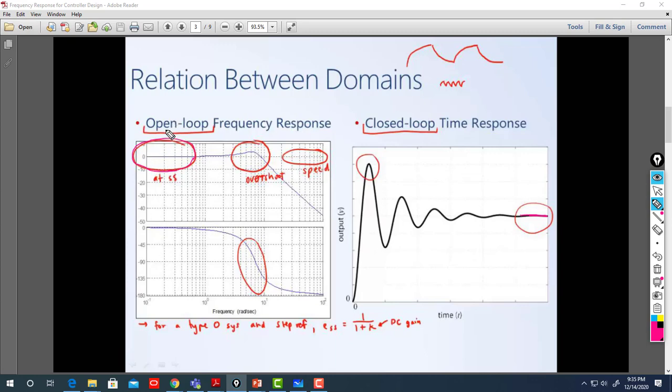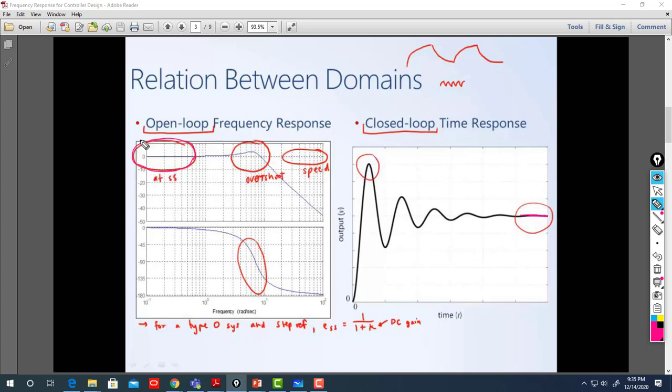So that's the time domain response, and that's the frequency response. Here is the open loop frequency response, and here is the closed loop time response. So whatever you have here in open loop represents your steady state. In another way, I can say a higher DC gain reduces the steady state error, and we already saw it before.